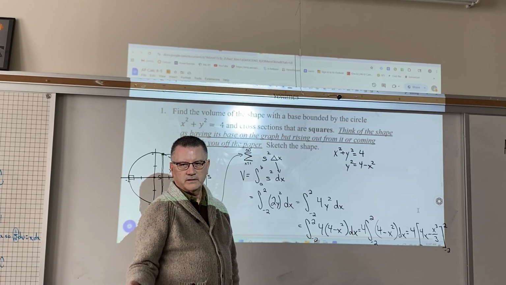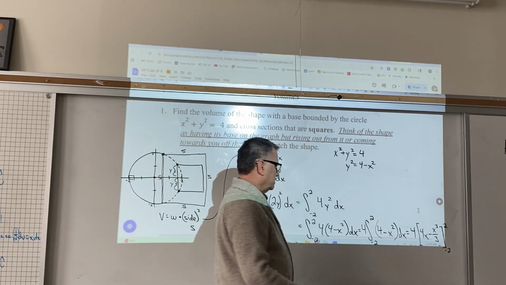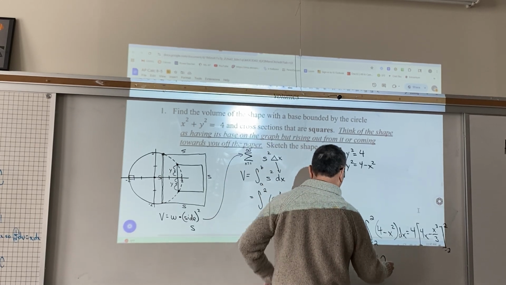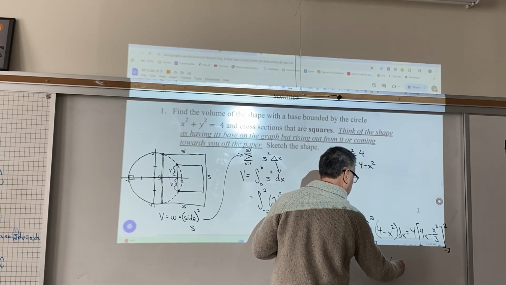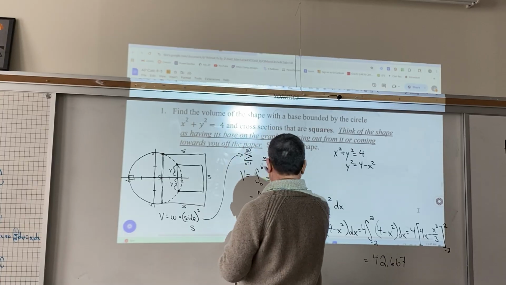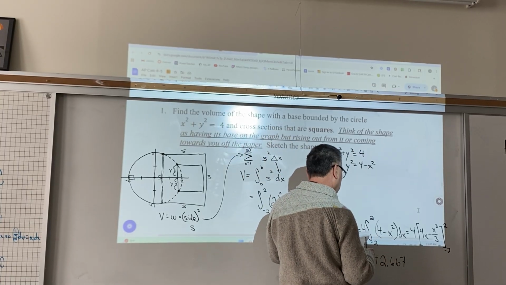And then minus plugging in the -2, which would be adding, obviously. And this is what I get: 42.667. We don't know what it's being measured in, so we'll just say cubic units.